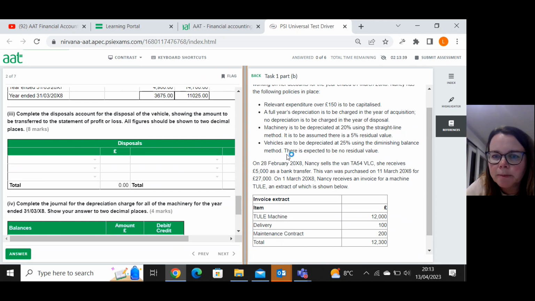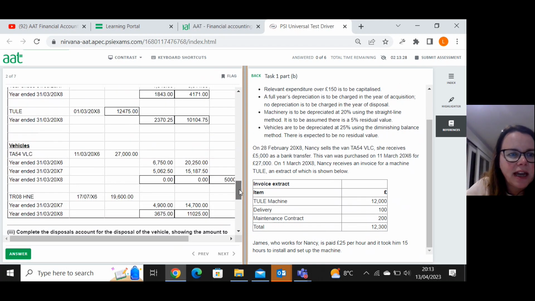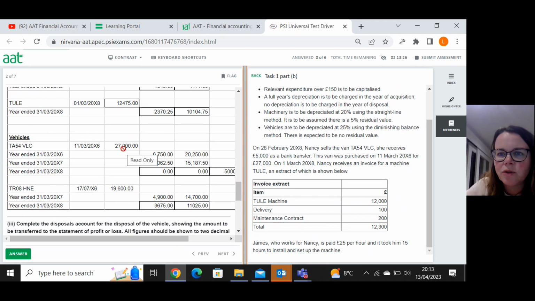Right, so she sold the van. So she sold the TA54 VLC. And we know that the TA54 VLC had an original cost of £27,000. It told us that in the question as well, and we can see it in the non-current asset register.